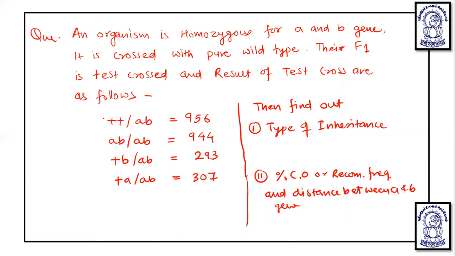So if you can see here the given offspring of the F2 generation, these are the parental offspring and these are recombinant offspring.